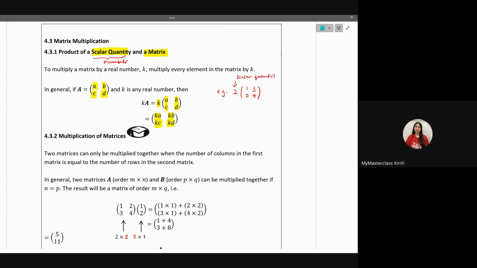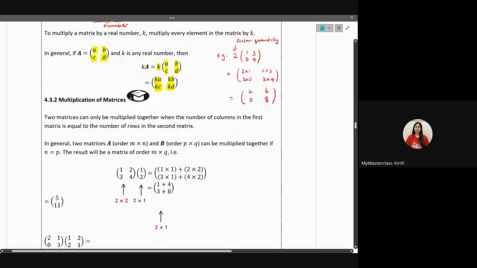So then you should utilize this scalar product of a matrix. So this is just 2 times 1, 2 times 3, 2 times 0, and 2 times 4. So this should be equal to 2, 0, 6, and 8. Okay, so that's for scalar multiplication.